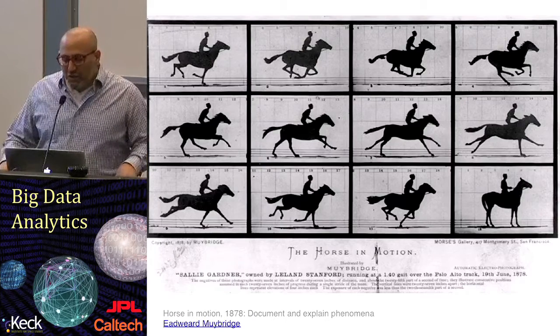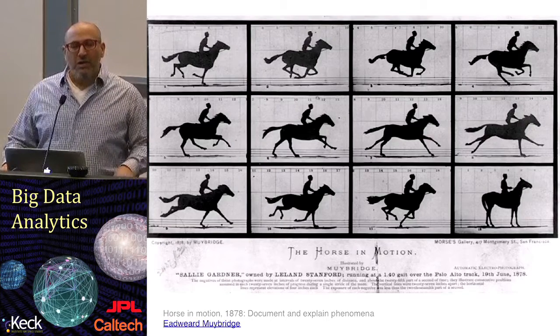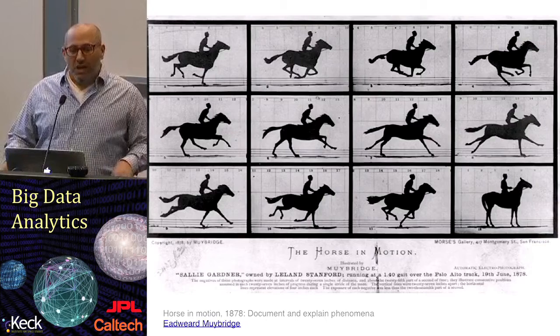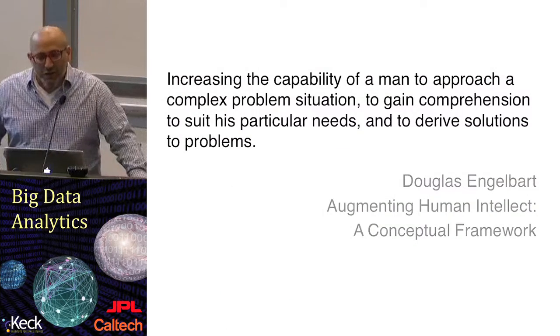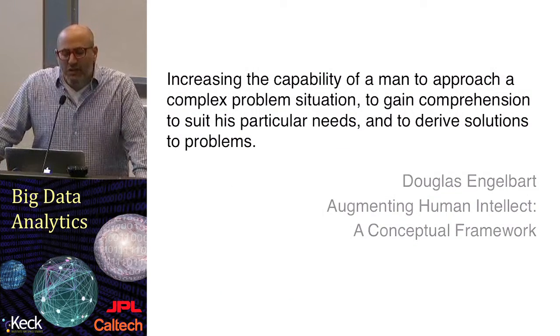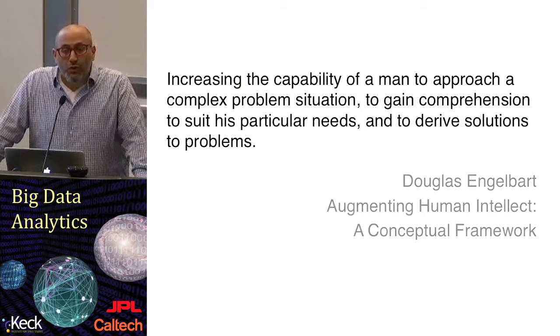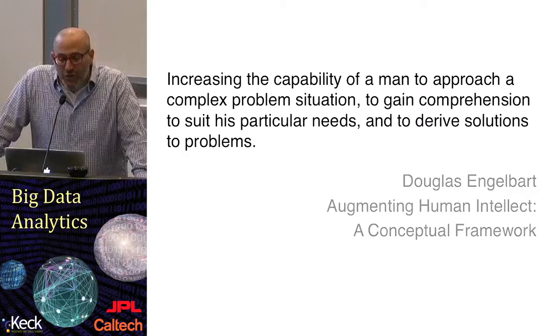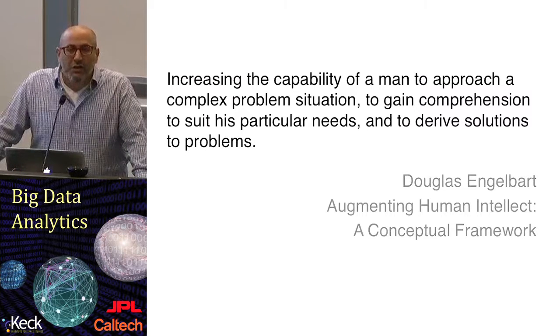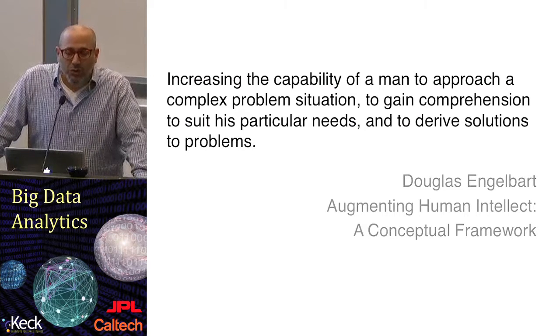So visualization provides an amazing capability. And the way that I like to summarize it is to look at Turing Award winner Doug Engelbart's description of what he thinks computing might be able to accomplish.